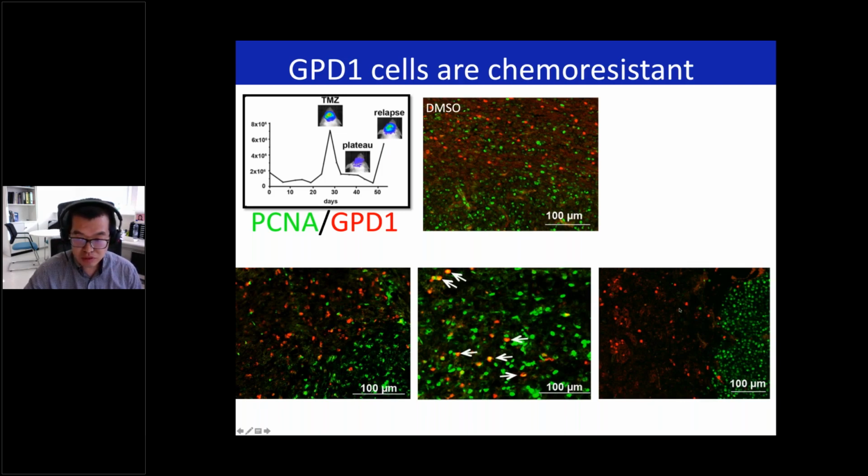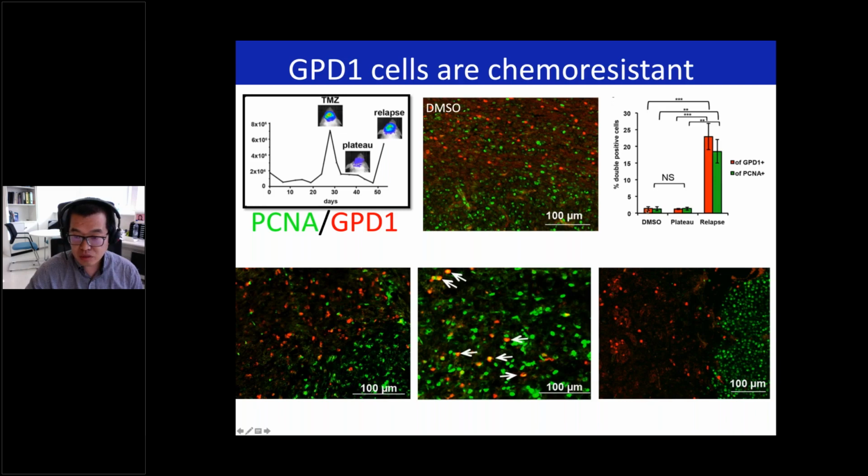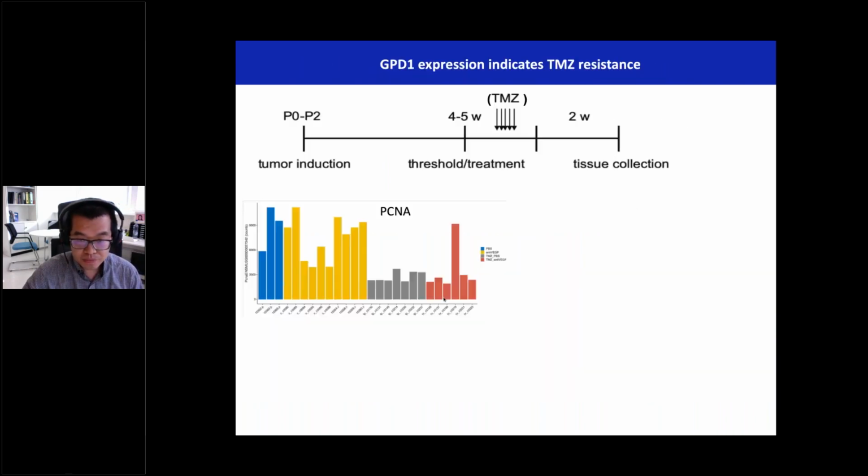These cells start to dominate again. This is a quantification. During a normally developed tumor, you rarely see any co-labeled cells between GPT-1 and PCNA, and similarly BrdU. But during the relapse stage, many of these cells are proliferating. So I think temozolomide doesn't kill these cells, and they are somehow weak during tumor relapse.